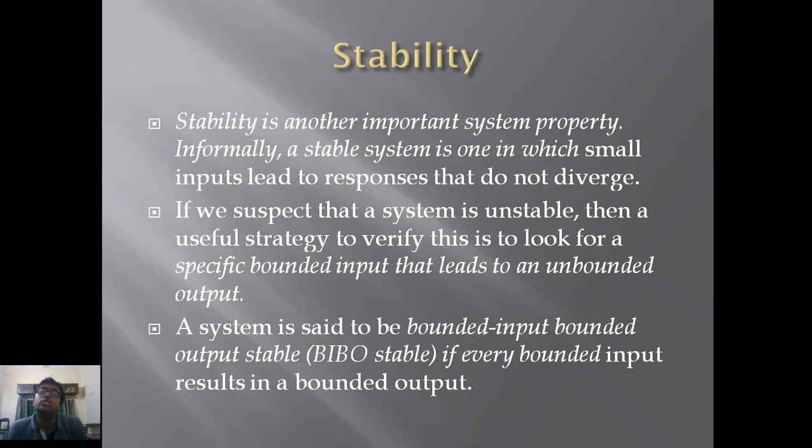It means with a small input, the output will not vary so much. If we suspect that a system is unstable, then a useful strategy to verify this is to look for a specific bounded input that leads to an unbounded output. A system is said to be bounded input bounded output stable if every bounded input results in a bounded output. So let's go to the next slide.